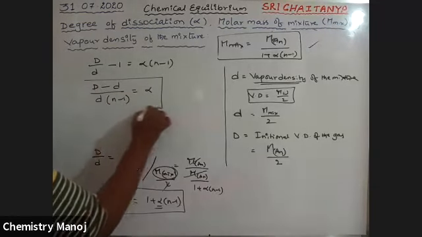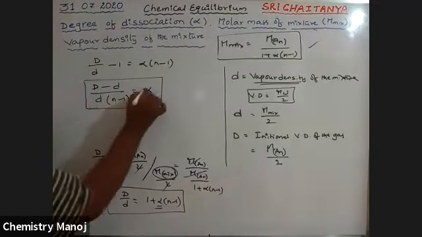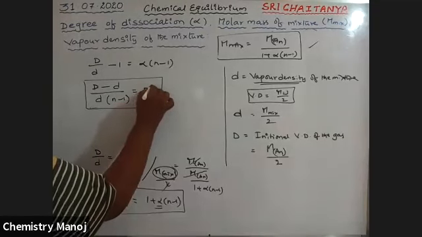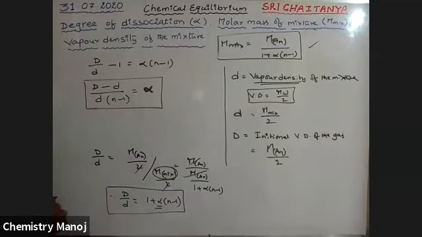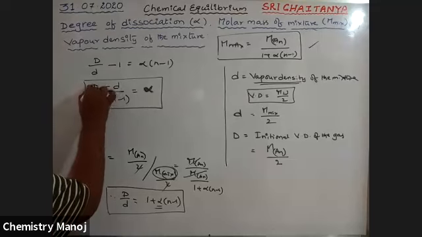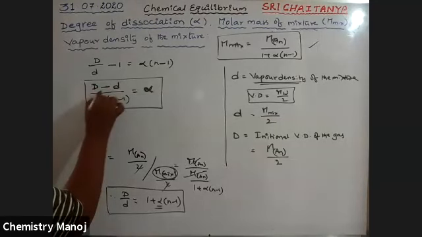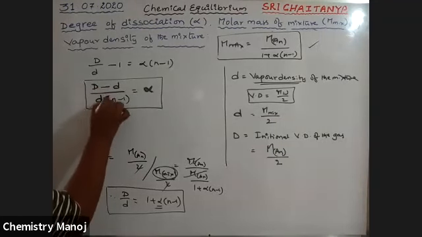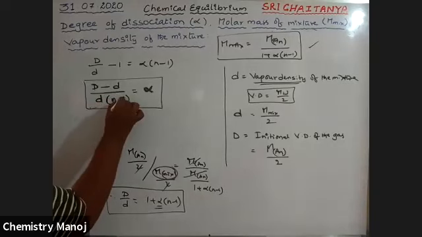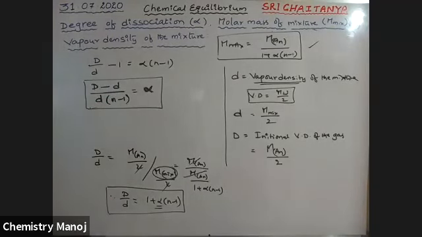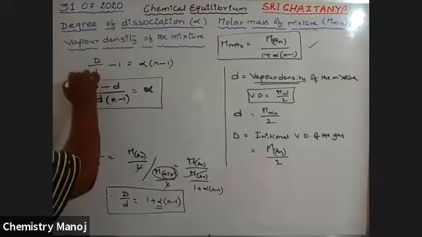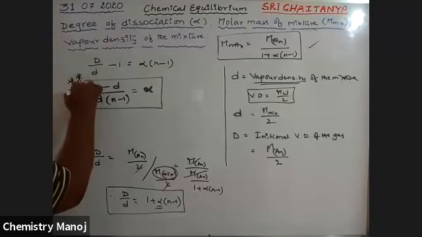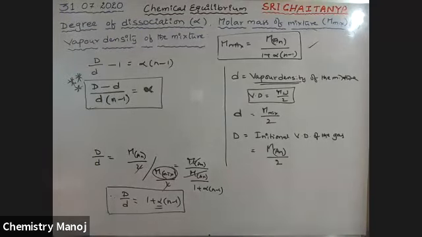It is the formula used to calculate degree of dissociation. Very, very important, my dear boys. A number of times asked, a number of bits are there based on this. We will do some problems based on this concept.